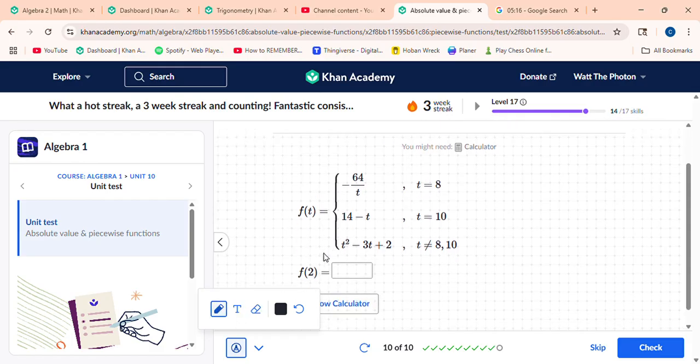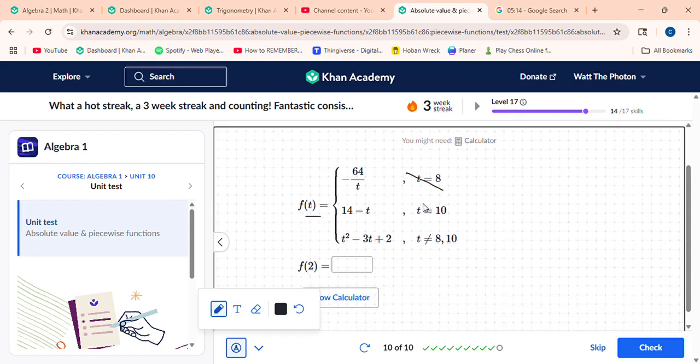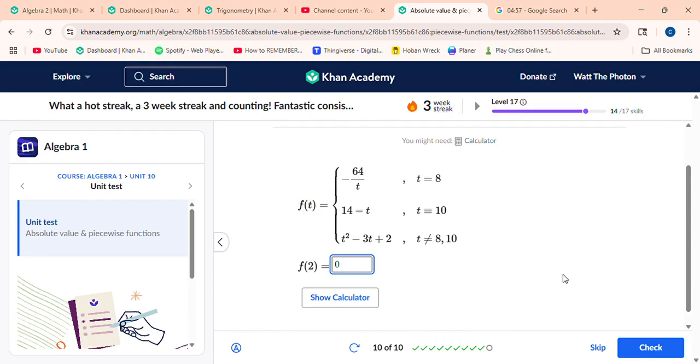T is not. Maybe T is supposed to be this. It's not this, not this. I don't understand this one though. That's just 0. 4 minus 6 plus 2, -2, 2. Yeah, I think that's just 0. Should be.